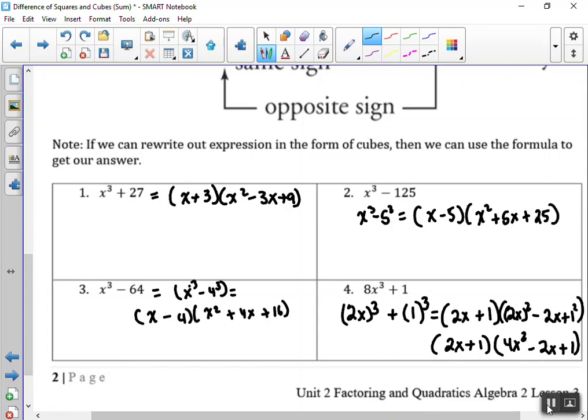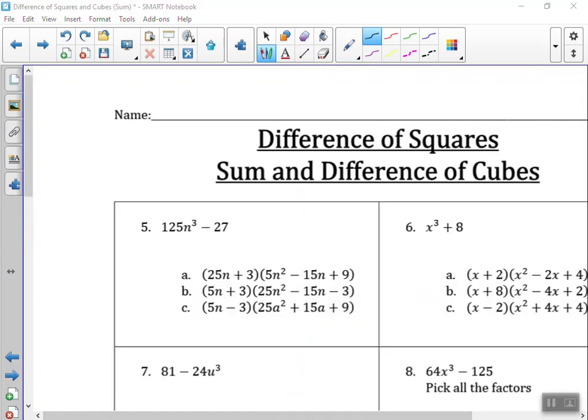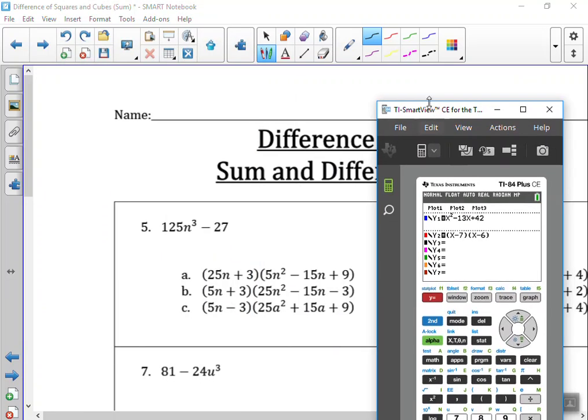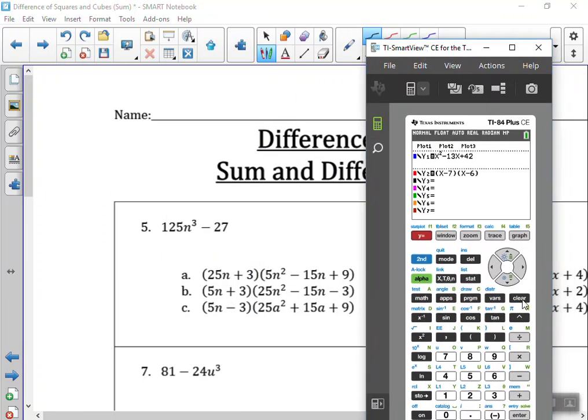Alright. So since it's a multiple choice, I'm going to go to y equals and plug it in: 125x cubed. Even though your calculator says n, you have to always use x when you're graphing, okay?